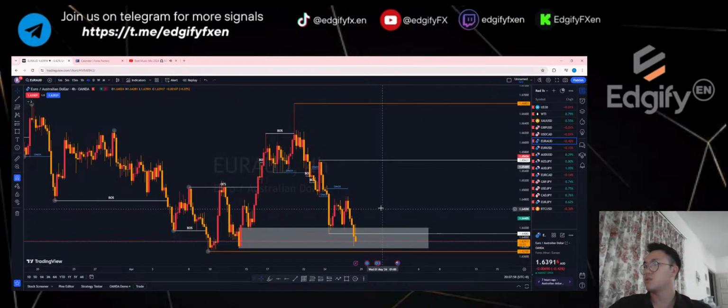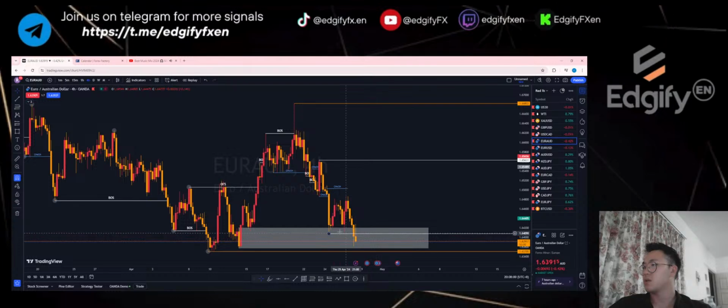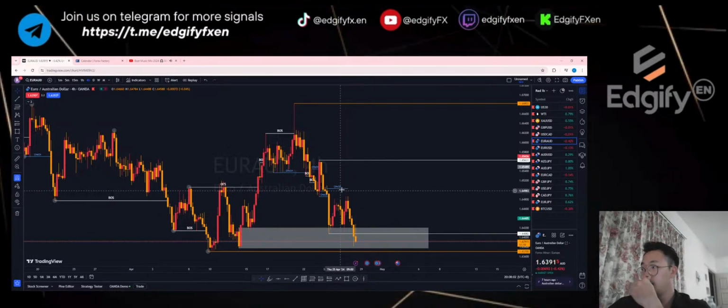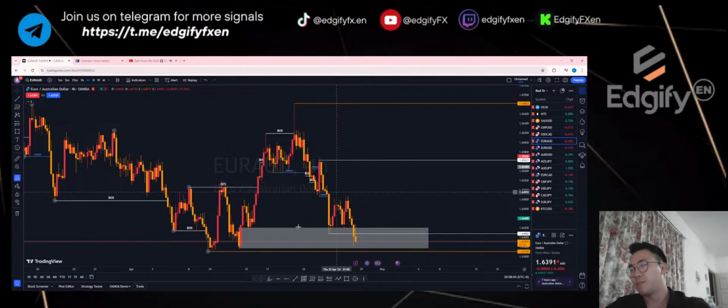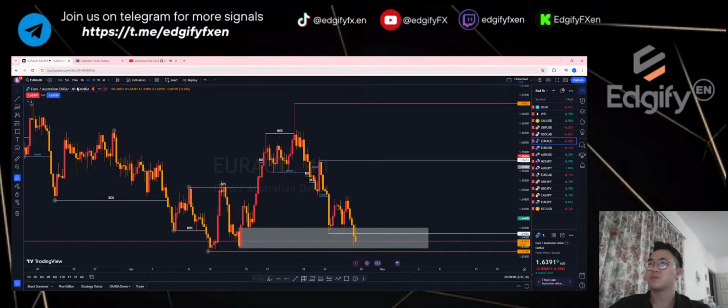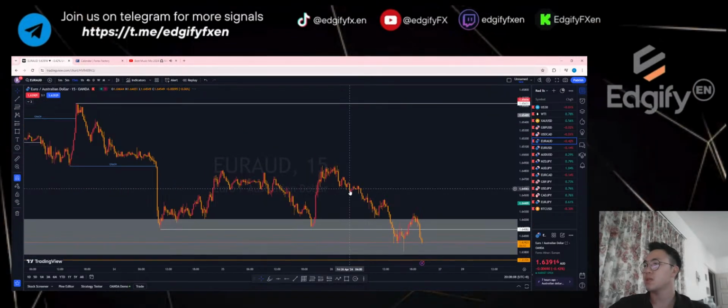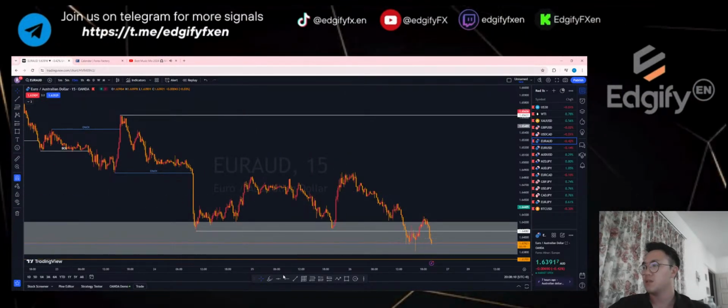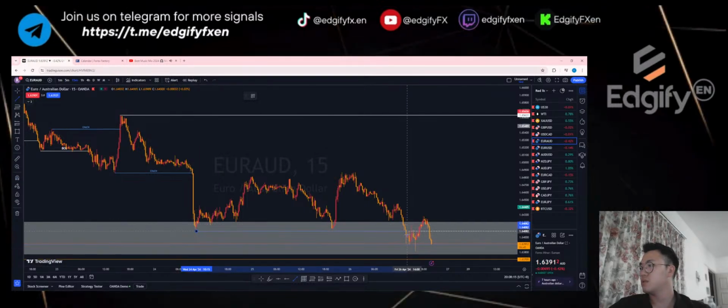Alright, so okay, let's look at Euro AUD. Okay, our fall zone. It's a buy momentum on the hour 4. Okay, let's take a look on the 15. On the 15, we do have a break here.